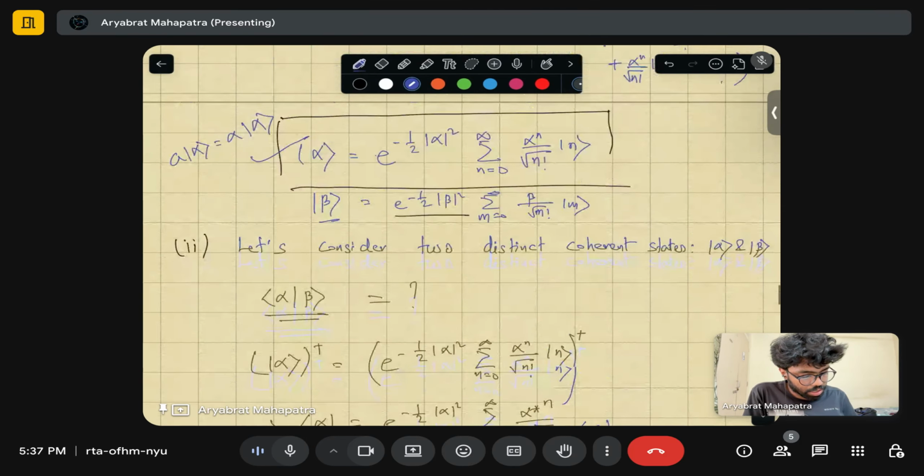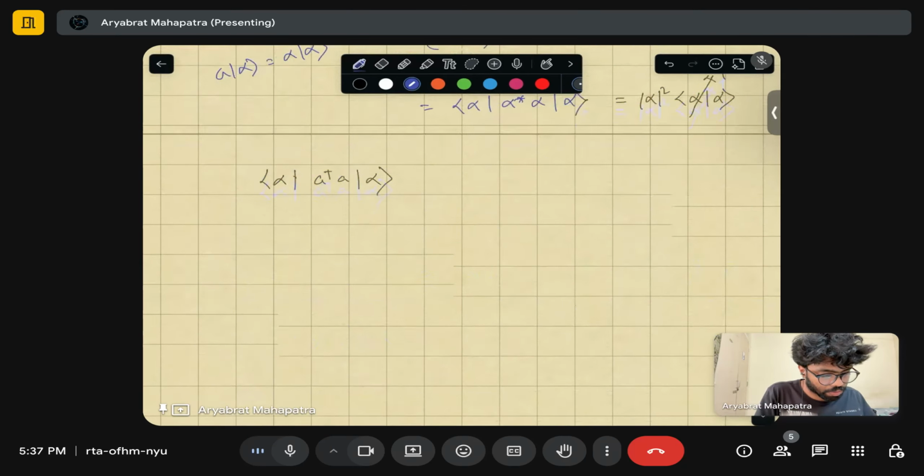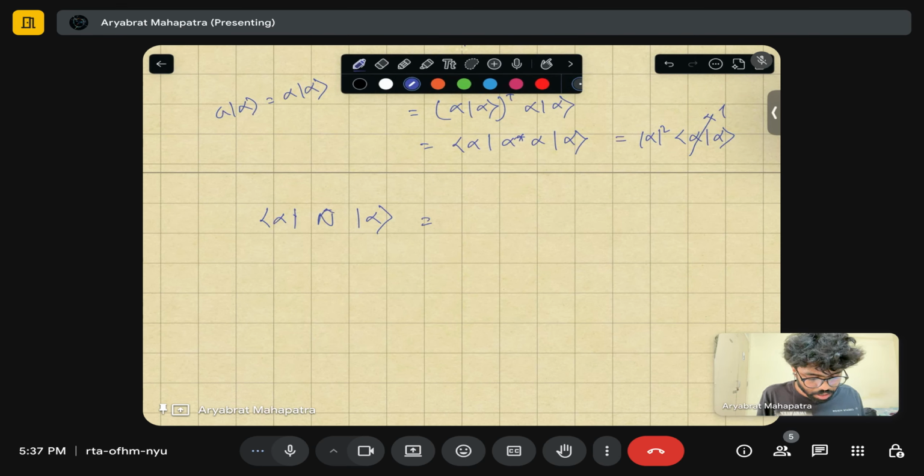So using this coherent state, you can use directly this relation here. So you could have used this alpha, the definition that we know. It will have e to the minus alpha square, summation n, alpha star to the n, alpha to the m, by n factorial.